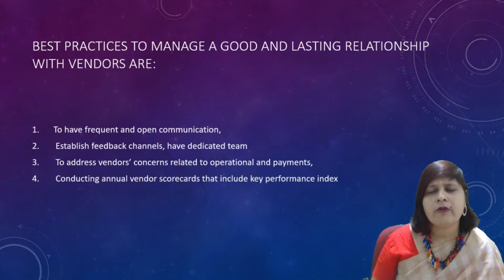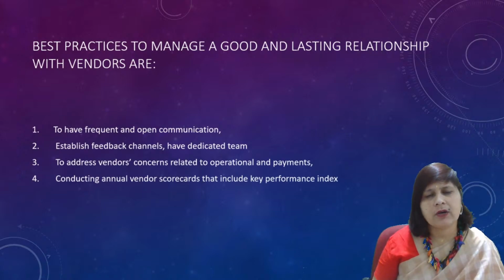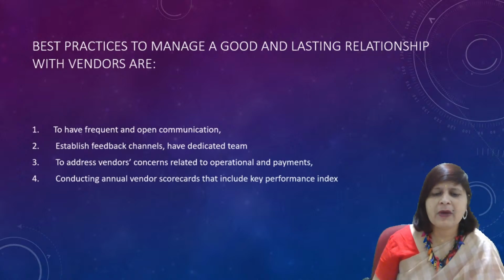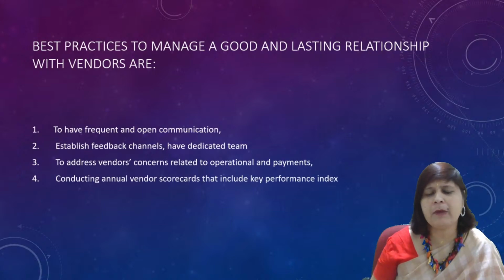You should have a frequent and open communication with the vendor so that both can communicate and state their concerns, right? Establish feedback channels. There should be a feedback channel for both, and you should have a dedicated team to address the vendors' concerns related to operations and the payments.